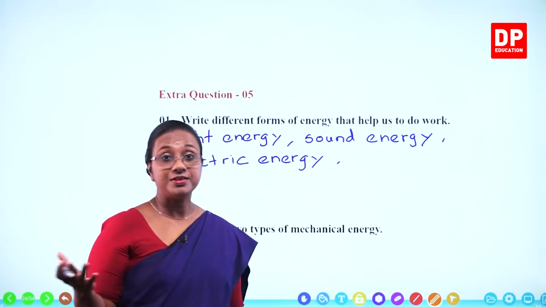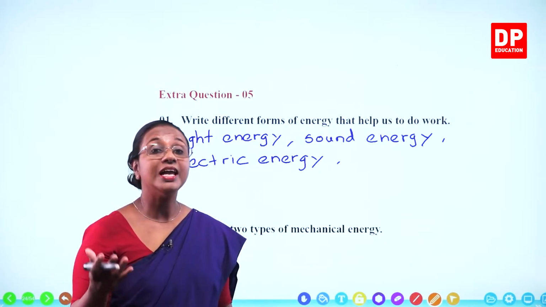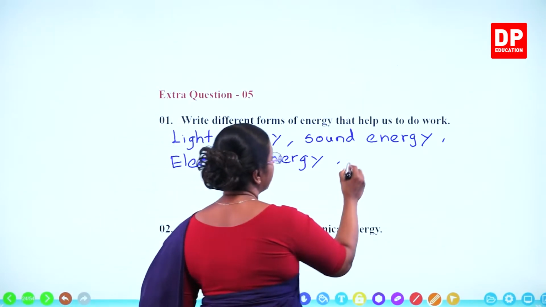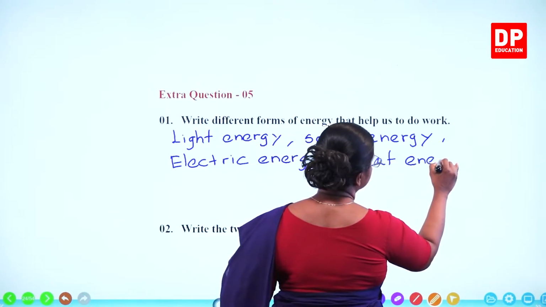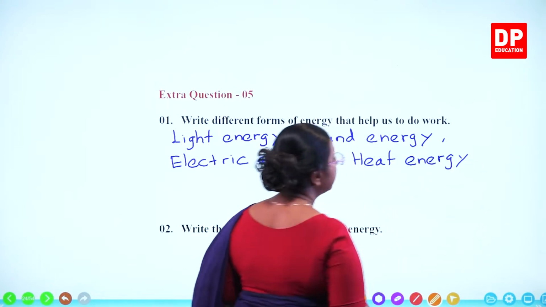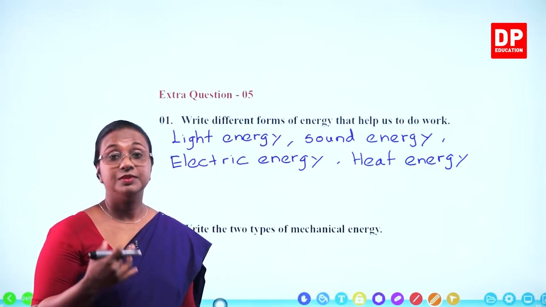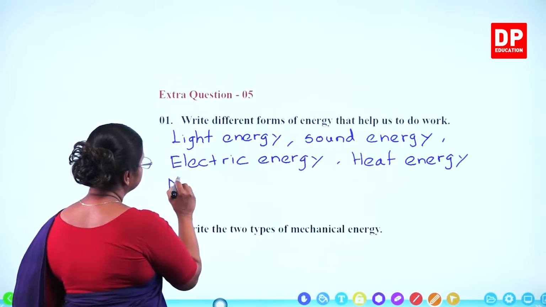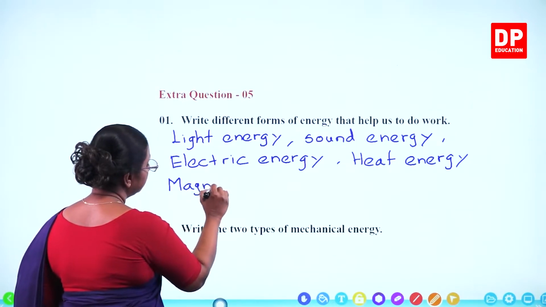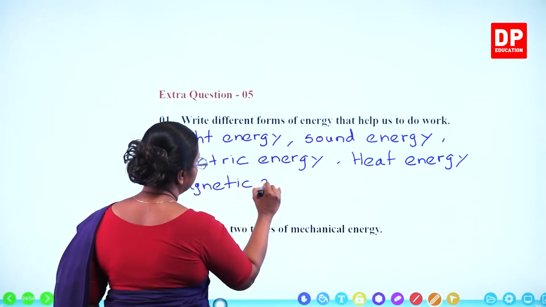You all know temperature. Temperature is due to heat energy. So there is heat energy. Then there is magnetism. Due to magnetism, there is magnetic energy.